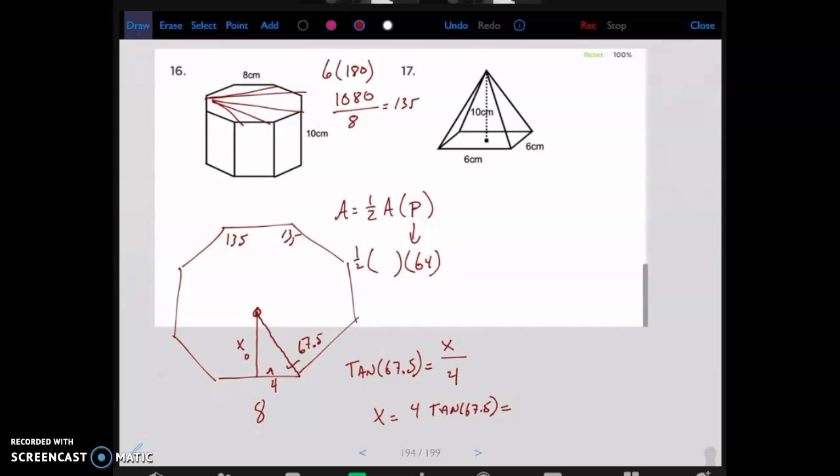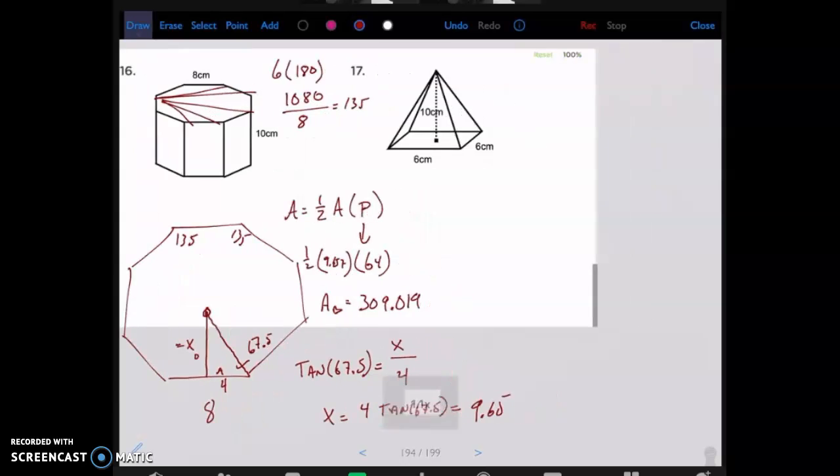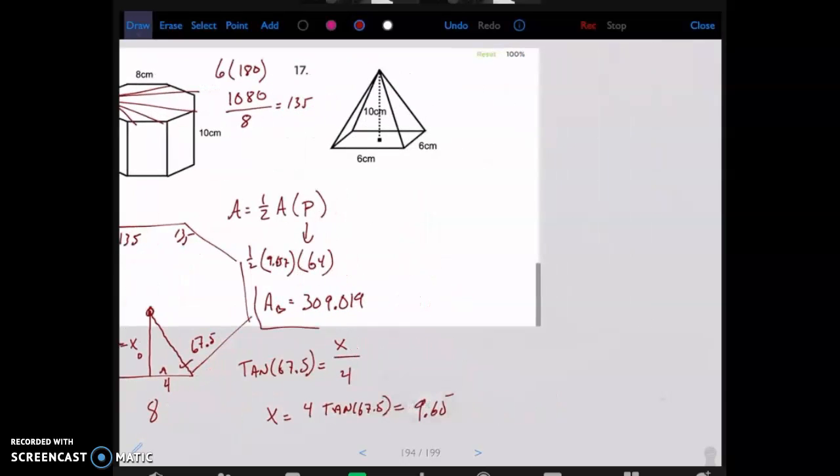That gives me 9.65, and that's going to be my altitude, or my apothem, 9.657. So to find the area, I'm going to do that times 64 times 1/2. 309.1019, area of the base.